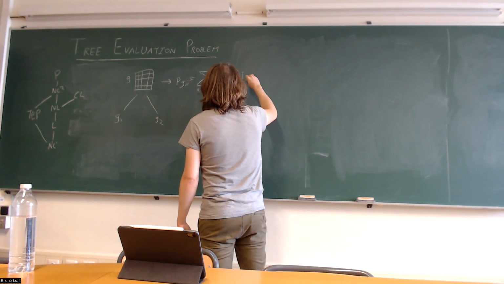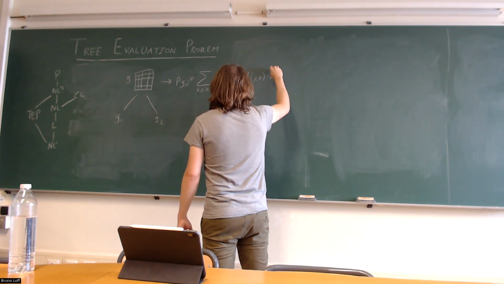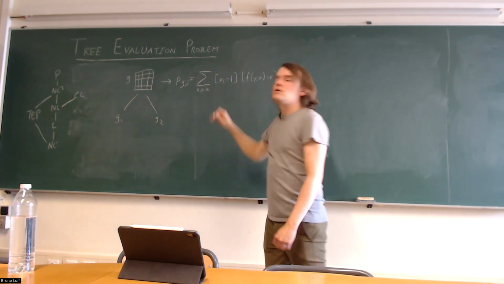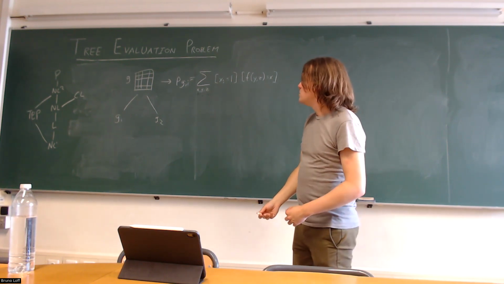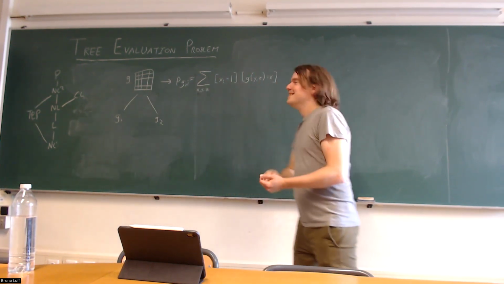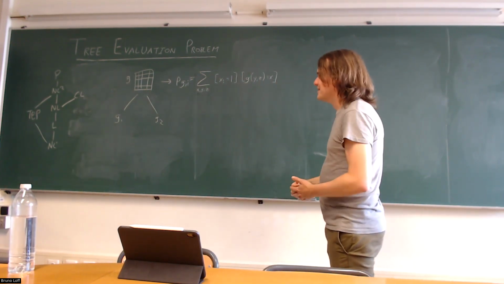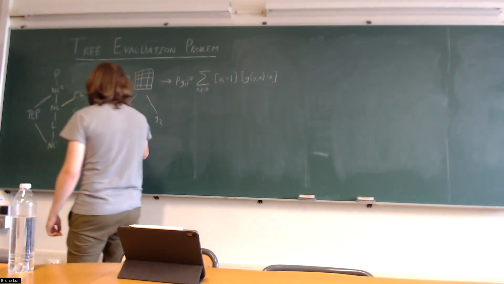Then I need to check that this polynomial f on inputs y and z actually outputs x. y and z are going to be the values of my left and right child, respectively, of G. What do I actually call these? GL and GR.